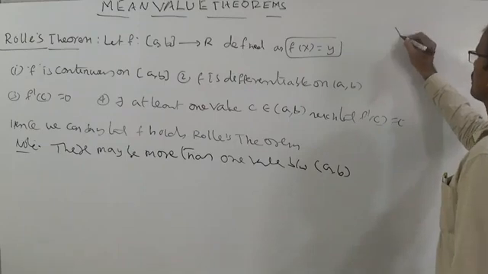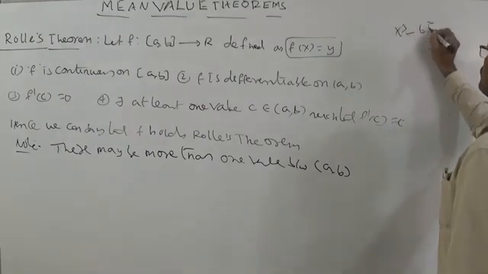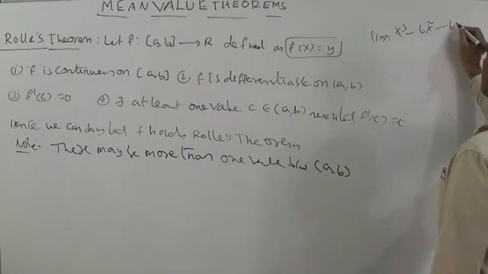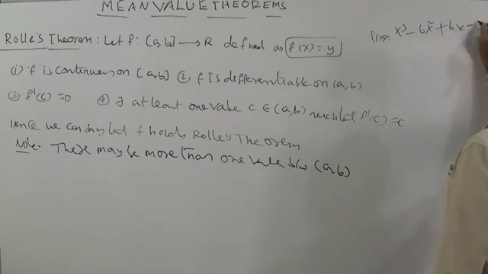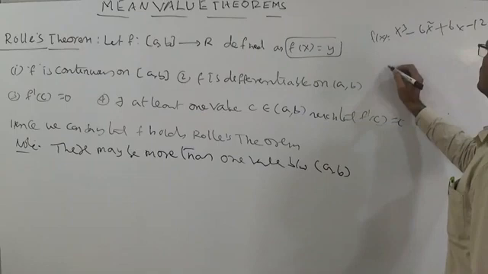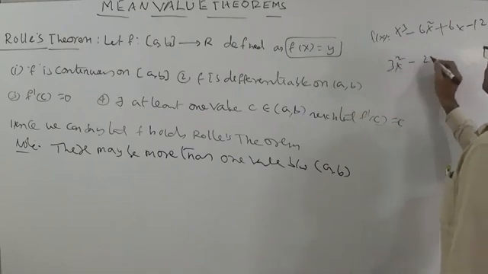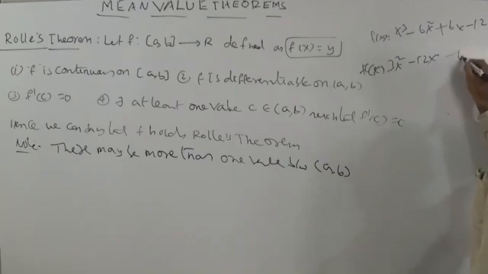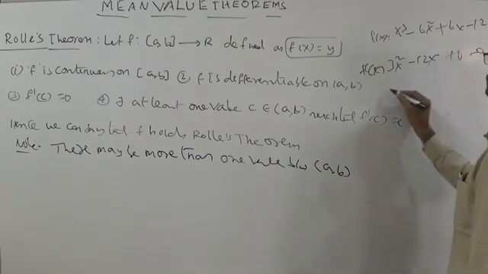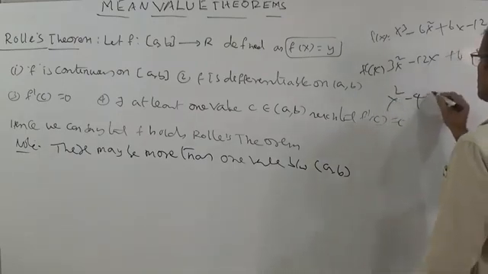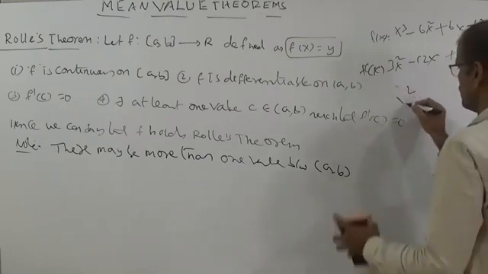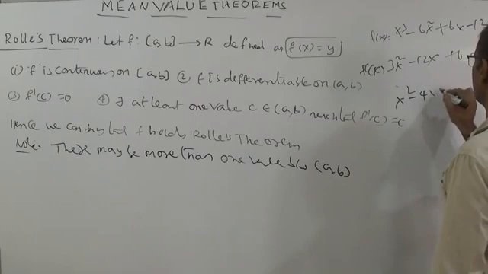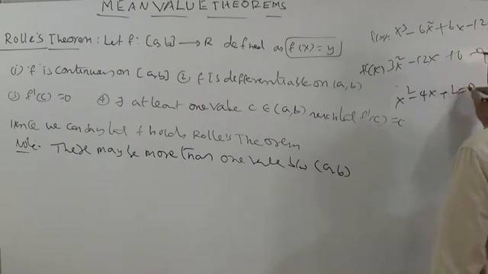For example, if we take more than one value, f of x is equal to x cube minus 6x square plus 6x minus 12, like that. Then the derivative becomes f dash x is equal to 3x square minus 12x plus 6 equal to 0. If you divide by 3, it becomes x square minus 4x plus 2 equal to 0.